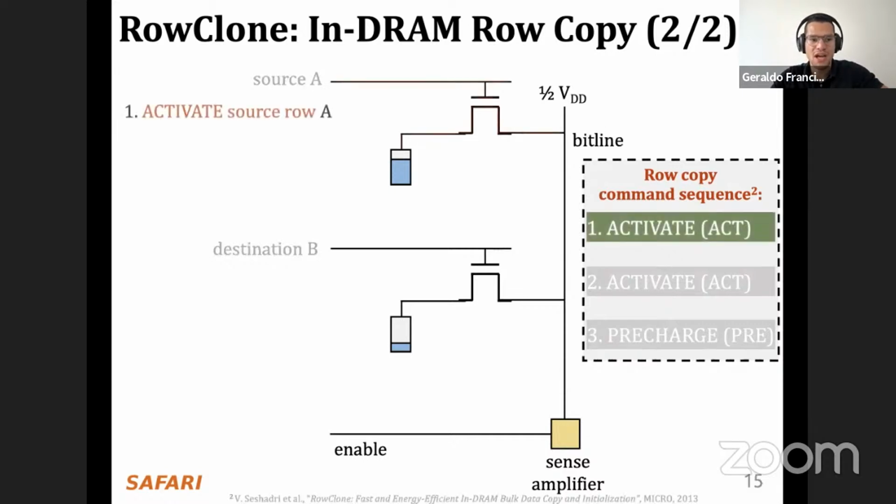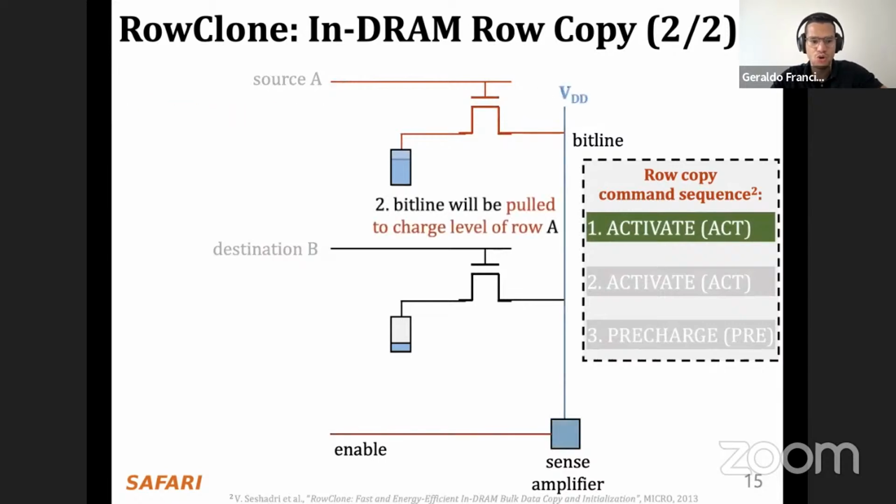First, we activate the source row, the bit line is pulled up, and in the end you have the data of source A in the sense amplifier.